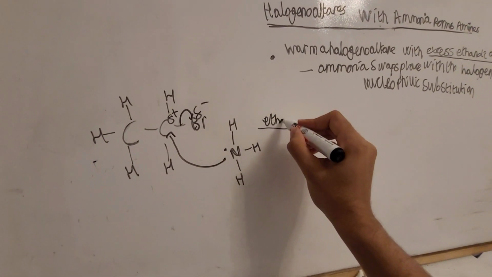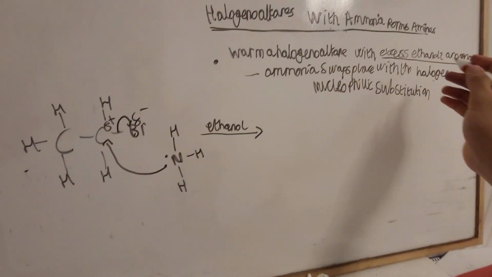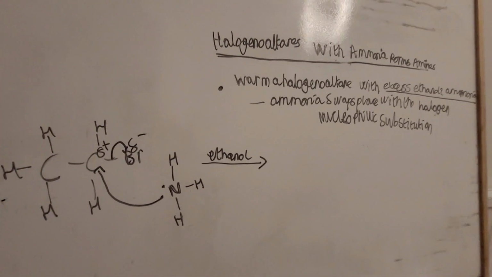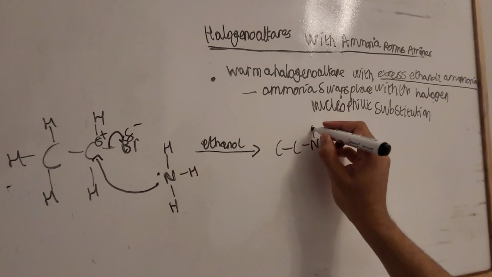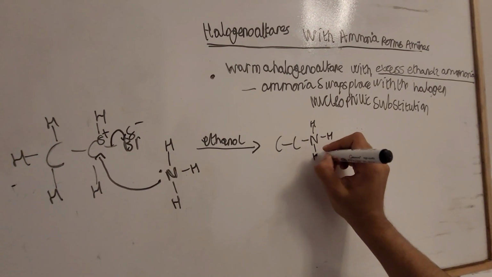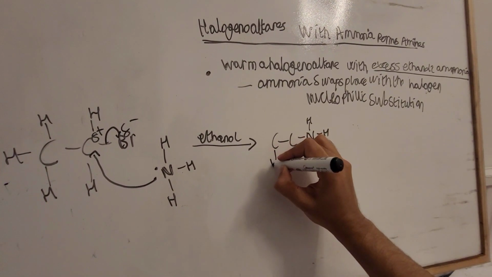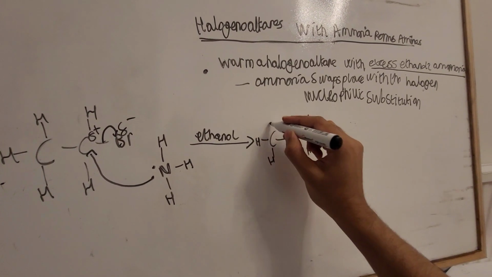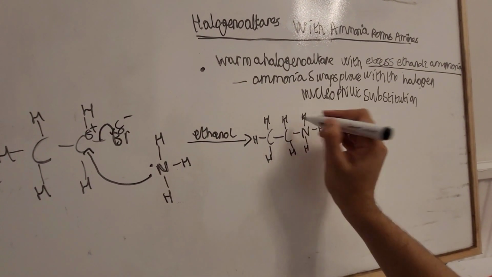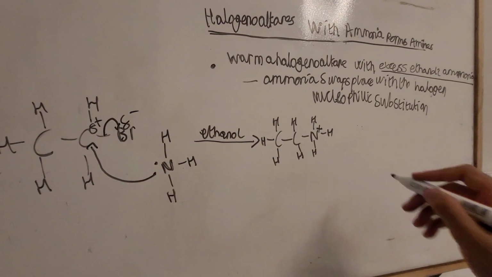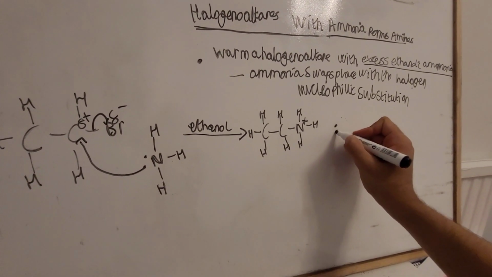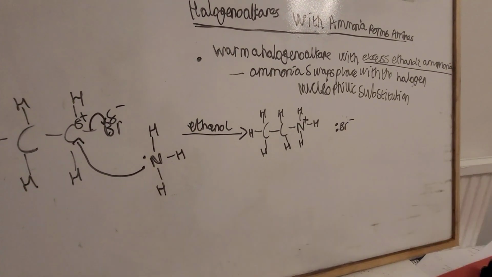So now we need ethanol, excess ethanolic ammonia. Now what happens is we get to this stage. A lot of students would probably get to the stage where the nitrogen is now positive, and you've obviously got the lone pair of electrons on the bromine, negative.